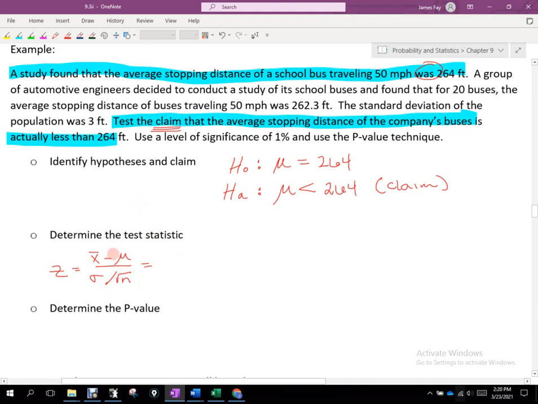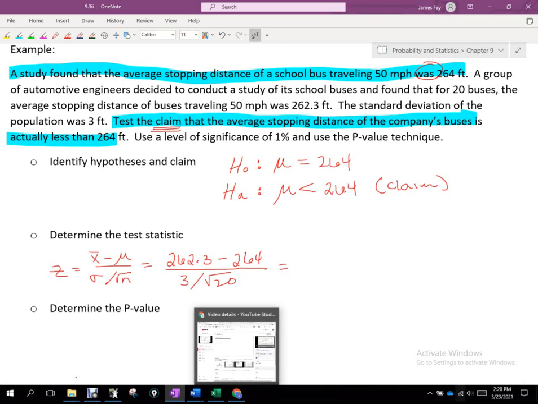X bar for our 20 buses was 262.3. What's mu? 264. It's always found in that null hypothesis. So it's 264. Standard deviation, they said, was 3 feet. And we'll divide that by root 20. And that will give us our test statistic.